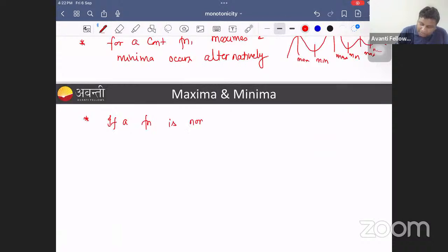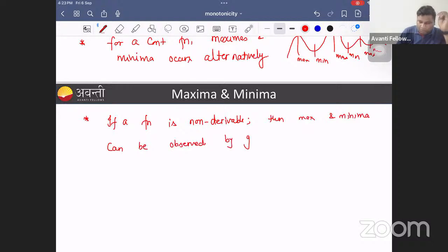And most important thing, if a function is non-derivable. See, if a function is derivable, we have ways to find maxima and minima. But if a function is non-derivable, then maxima and minima can be observed by graphs or by general analysis, or I should say analytical analysis.